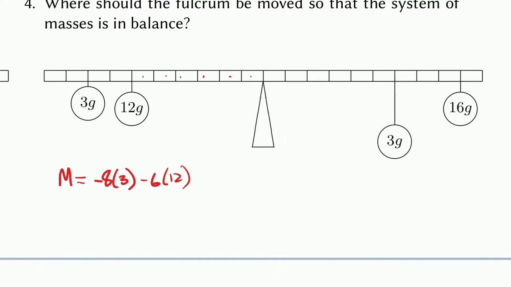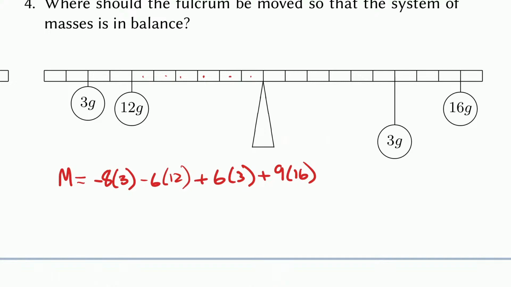Okay, now I've got it right. So if you were thinking, what the heck is he doing? You're right, I was wrong. Next, we go on the right, and you get plus 8. No, not 8. Plus 6 times 3 plus 9 times 16. I believe I've got everything correct now, but you can yell out if you see anything that is incorrect.